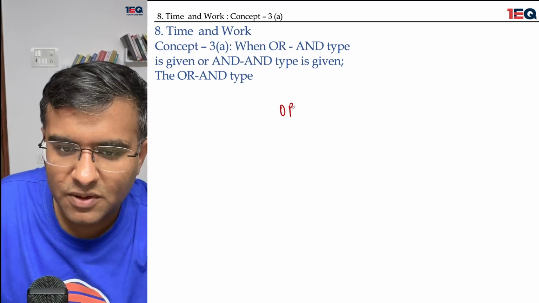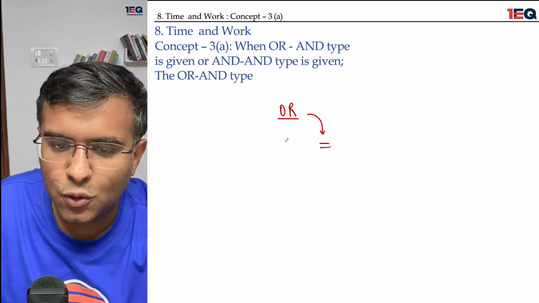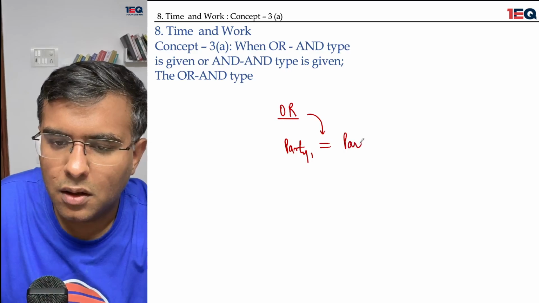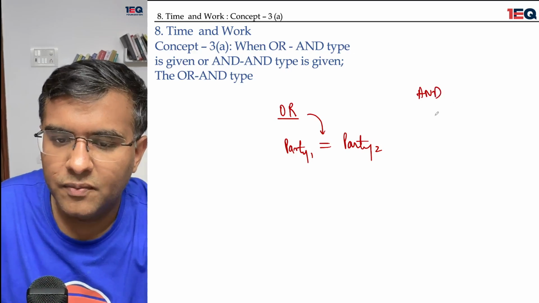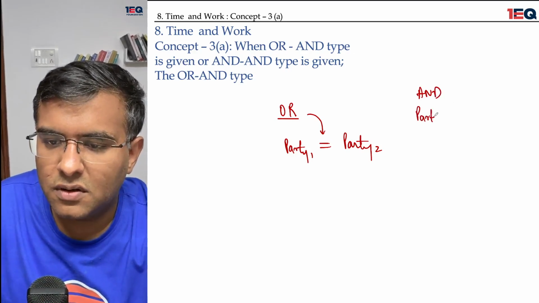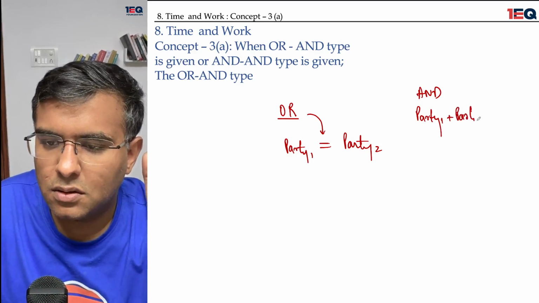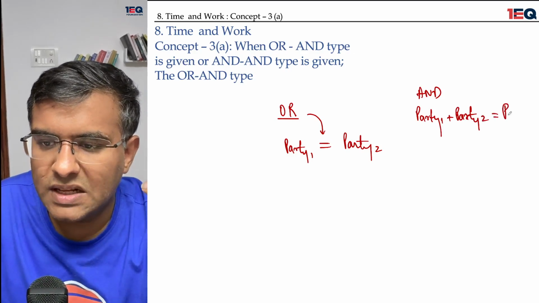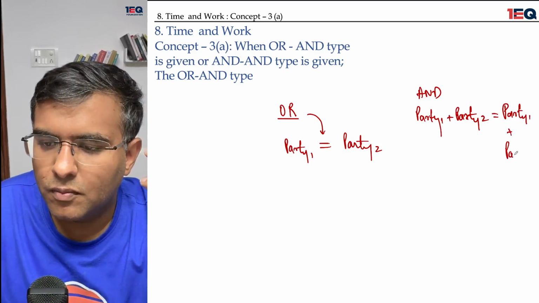When there is a concept of "or," there is automatically a sign of equal to between the two parties, party 1 and party 2. Whenever there is a sign of "and," you have to work in this setup where party 1 plus party 2 is equal to, let's say, party 1 plus party 2.